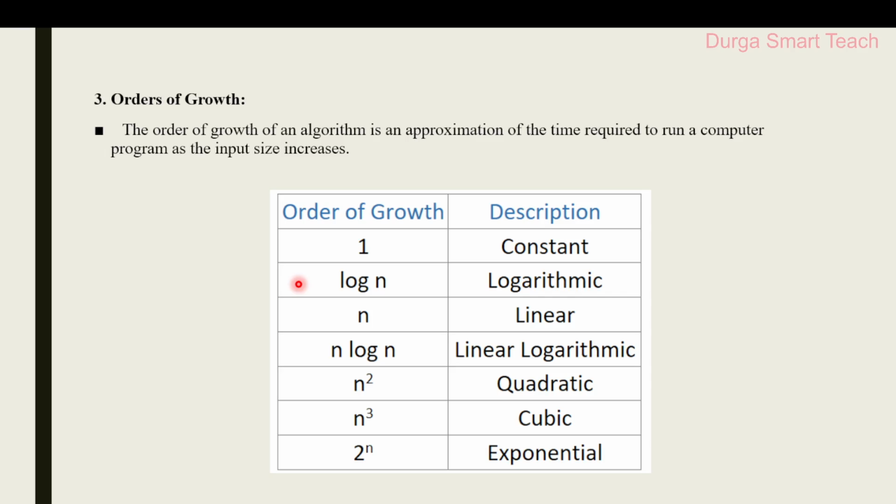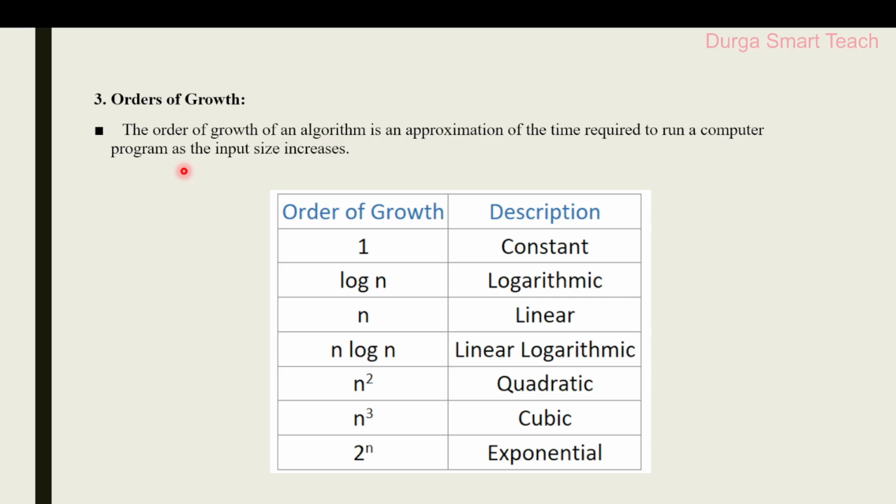If the array consists of 100 elements, so I'm increasing the input size, it will take more time, not 1 minute, more than 1 minute, right? So order of growth is used to measure the approximation of time required to run a computer program as input size increases. If we increase the input size, how much time it will take.